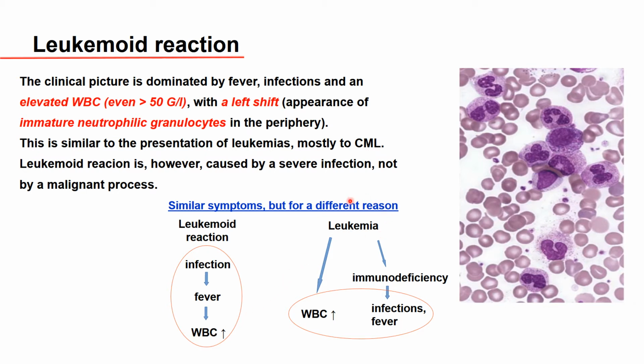However, when we do have a leukemia, due to the immunodeficiency or due to the proliferation of the white blood cells, we still have an increased white blood cell count, and we do see fever and infection, but not because the infection induces the increased number of white blood cells, but because these white blood cells autonomously proliferate and are not fully developed, so they are unable to protect the body against the invader, and we do have again fever and infection.